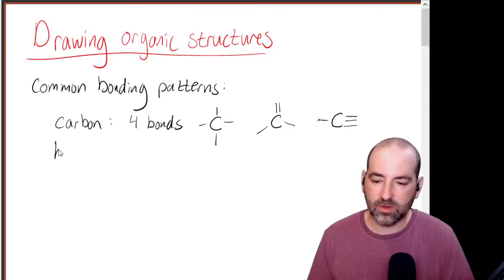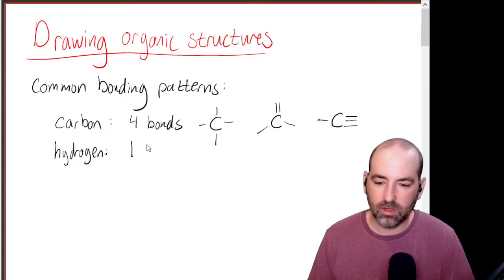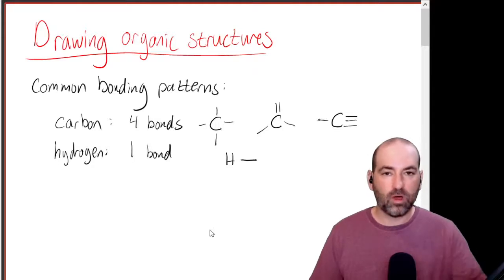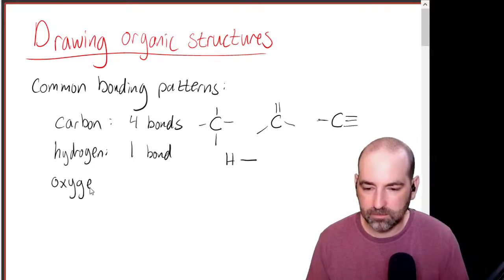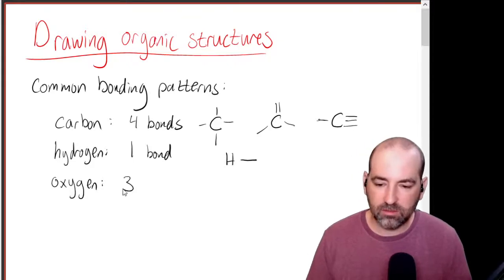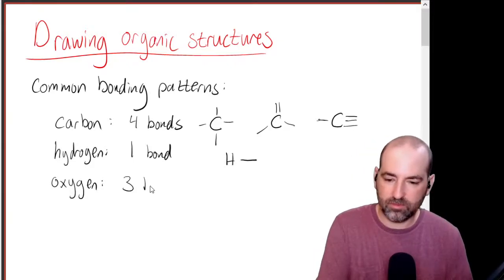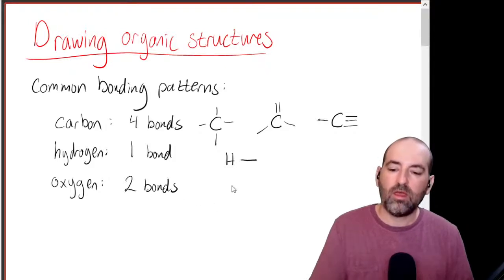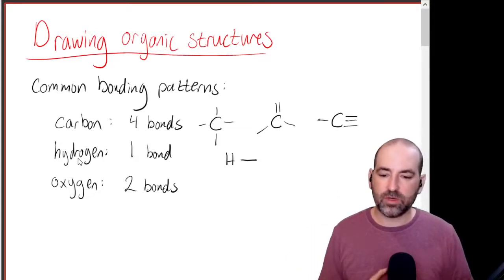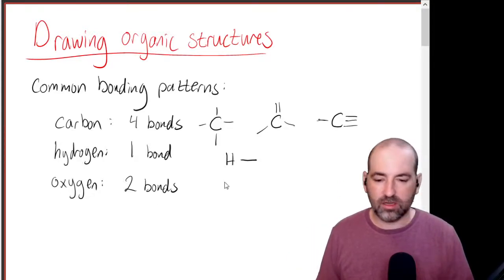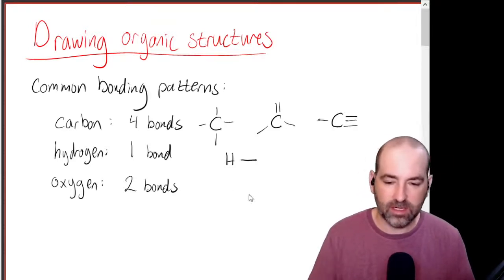Let's list some of the other ones that we're going to deal with. Hydrogen can only make 1 bond, so when we see hydrogen, we can only connect it to one other atom. Oxygen, 2. The first two are pretty well fixed other than some unusual situations. But oxygen does have some different ways that it can bond.